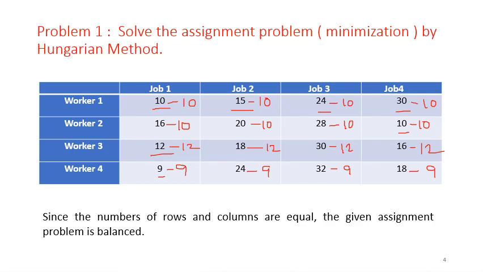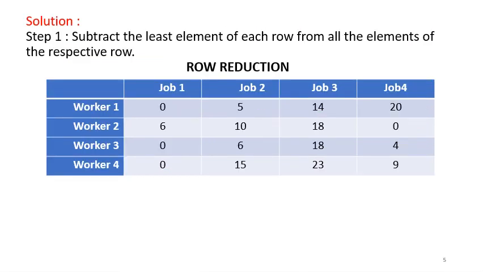So you can see here, after ascertaining whether it's a balanced problem or not, you have done row reduction, subtracted the least element of each row from all the elements of their respective row. You have got the row reduction table, and this is the resulting table here.